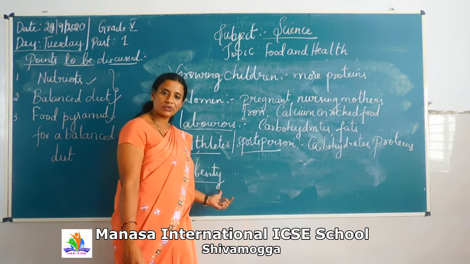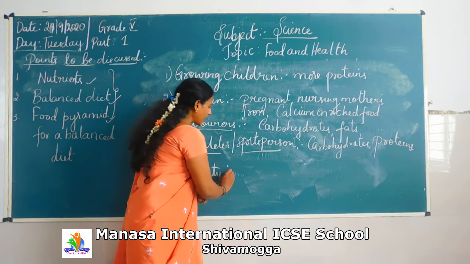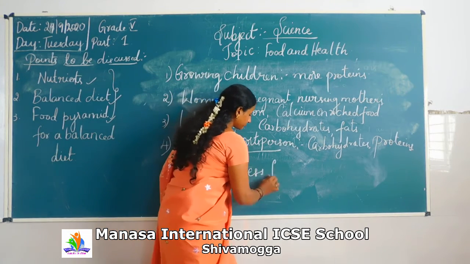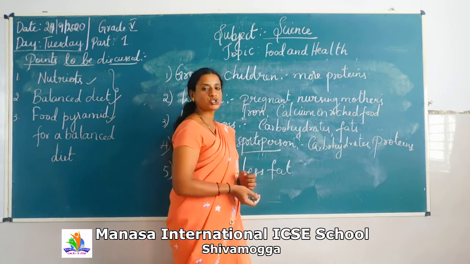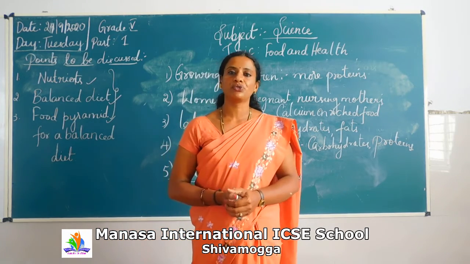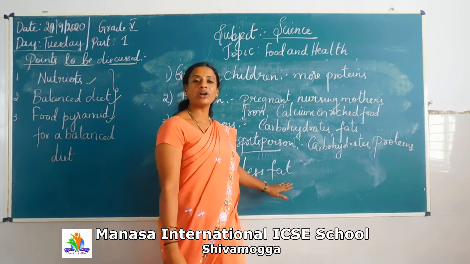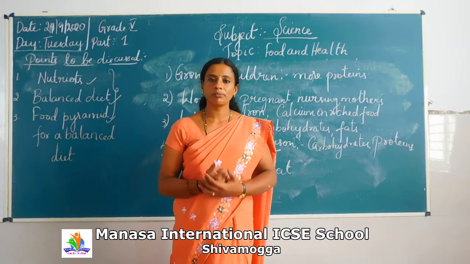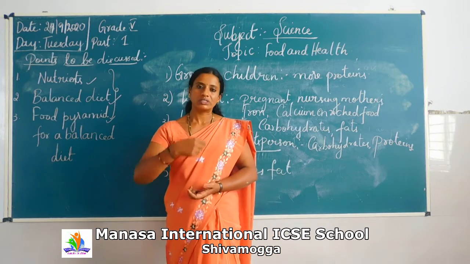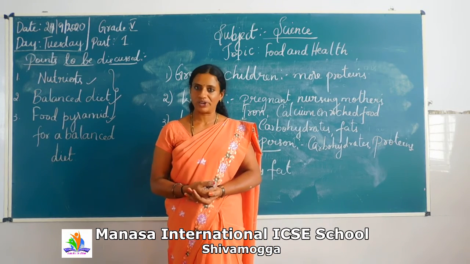The people who are suffering from obesity should have less fat. They have to consume very low calorie food. That is, they should not have much oil or meat, or foodstuffs which are enriched with fat.